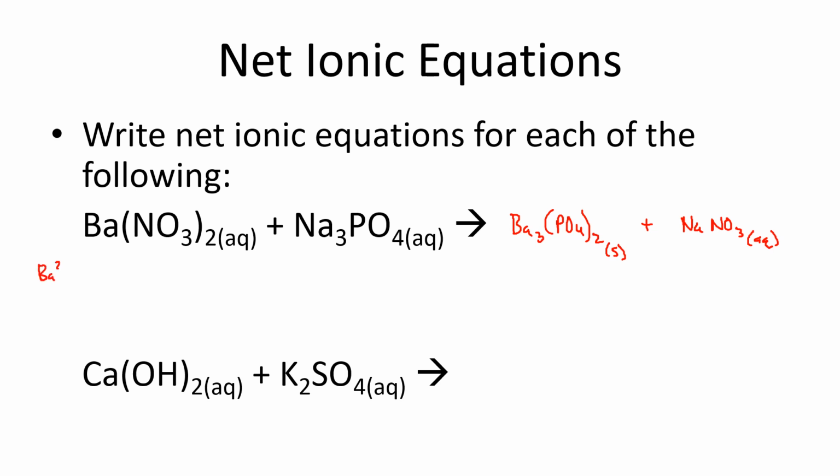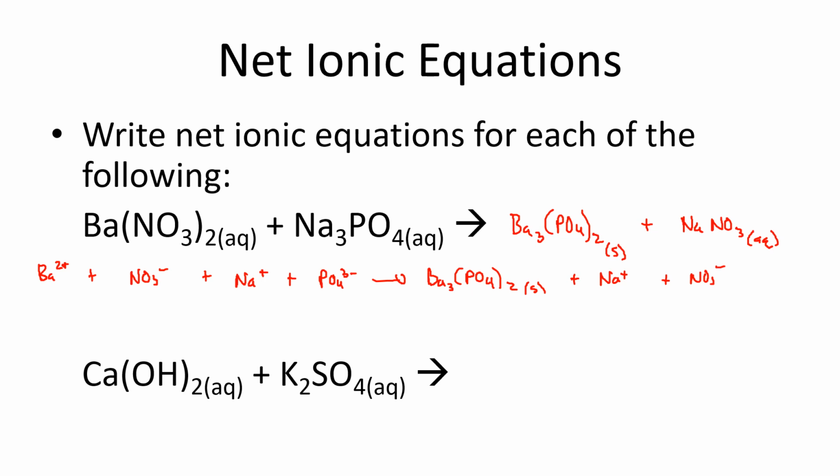You can write out barium and nitrate and sodium and phosphate, and then the arrow and the barium phosphate, you'll leave that all together because it's a solid. And then the sodium, again, is separate. And the nitrate is separate.